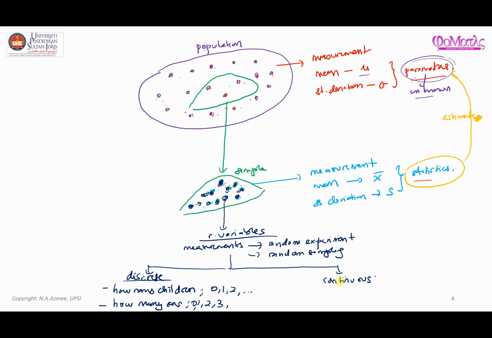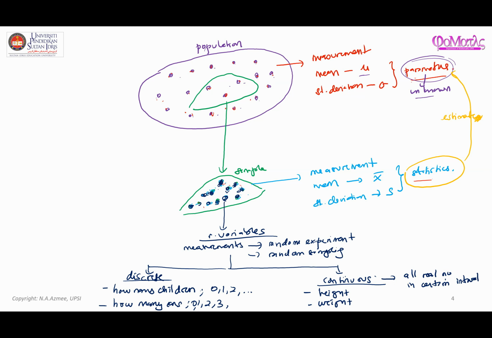Now, if you ask, how tall are you? Or what's your weight? Height and weight are examples of continuous random variables because they can assume all real numbers in a certain interval.